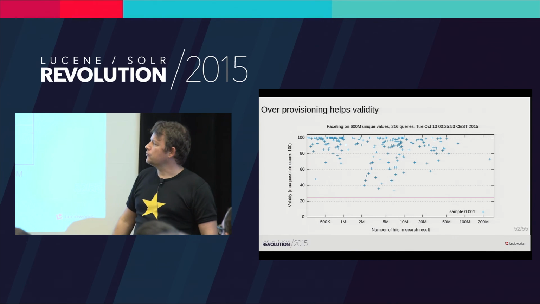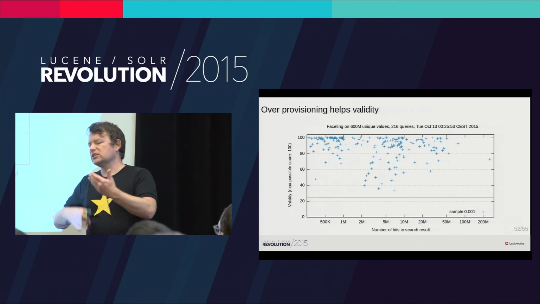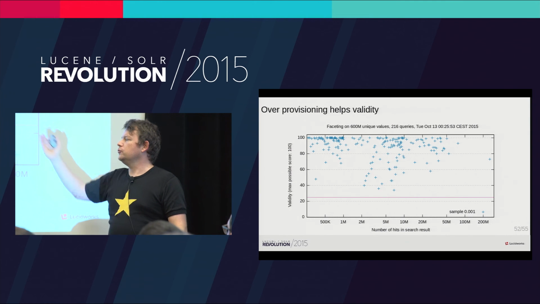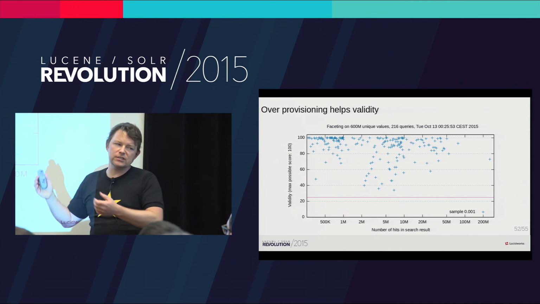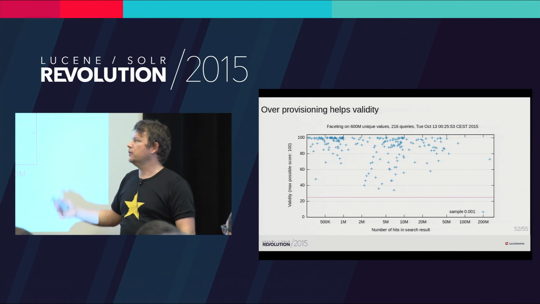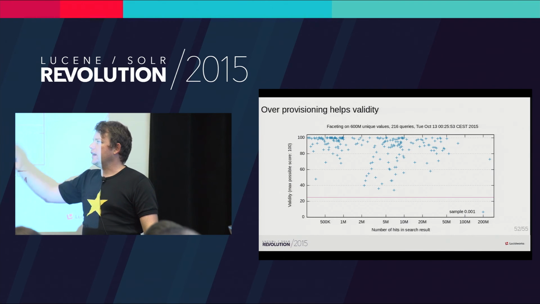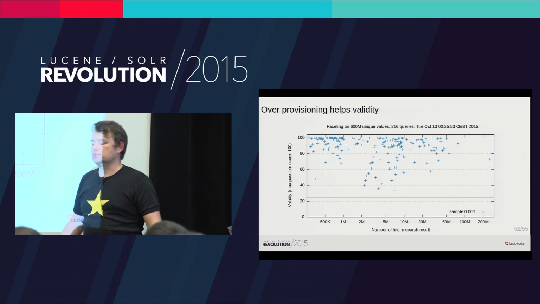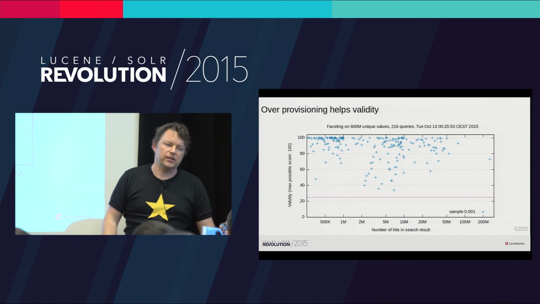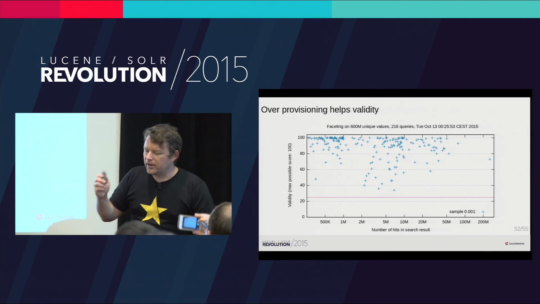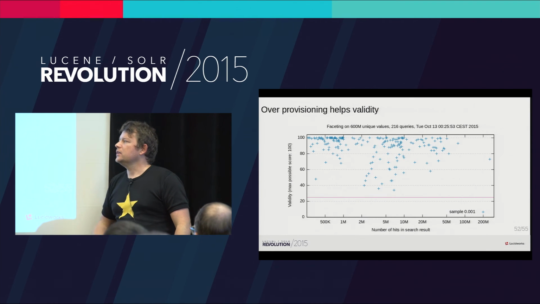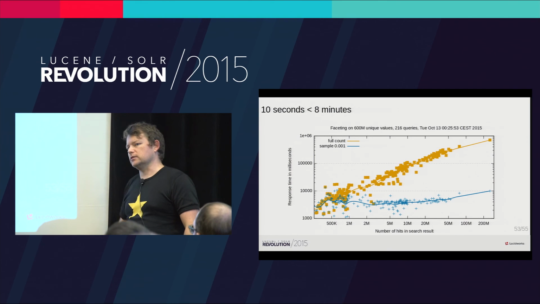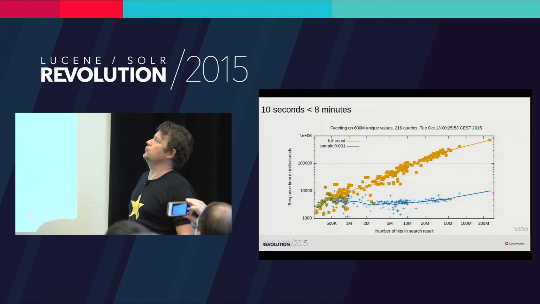Well, that's cheating, of course, but it really works just to ask for more facets and then hope that none of them gets below the limit that you're hoping for. In this particular test case, we were lucky enough that all the result sets were actually valid for the top 25 ones, but there's always a chance that they are not. The very, very interesting part, I think, is that this brought our response time down below the 10 seconds for these 600 million values.